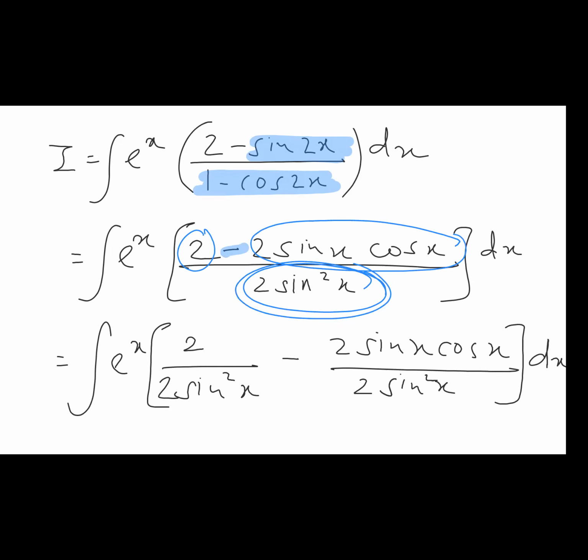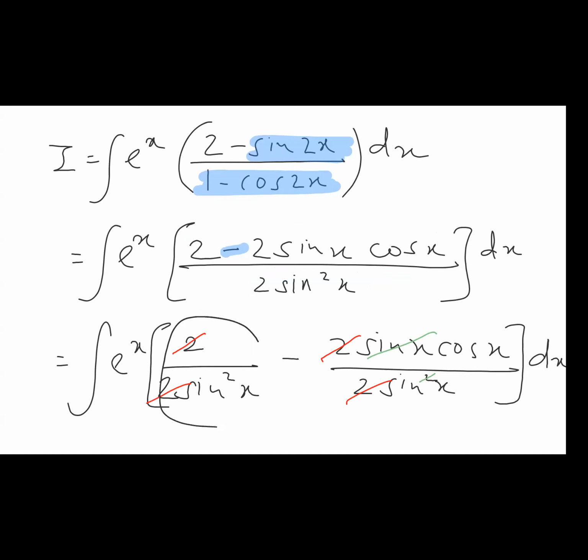Now when we split, 2 and 2 get cancelled, and here also 2 and 2 get cancelled. Sin x and sin square x, one sin is getting cancelled.